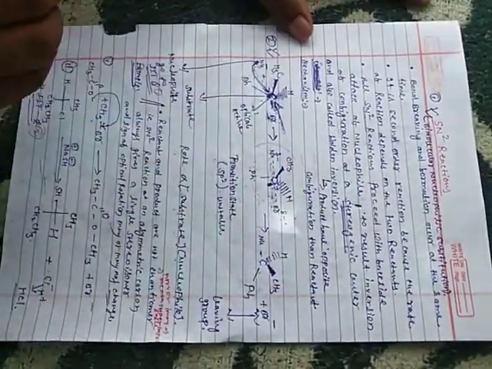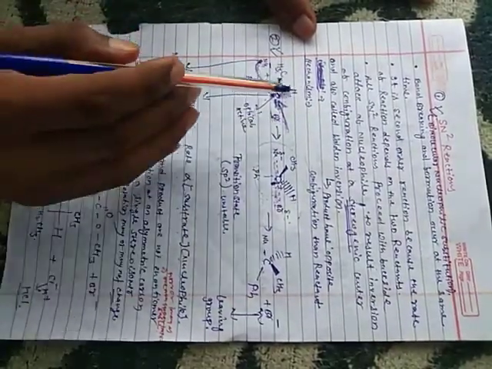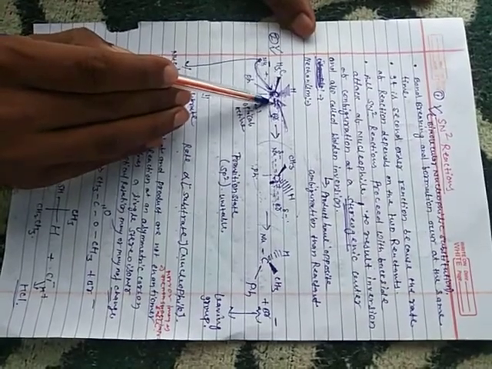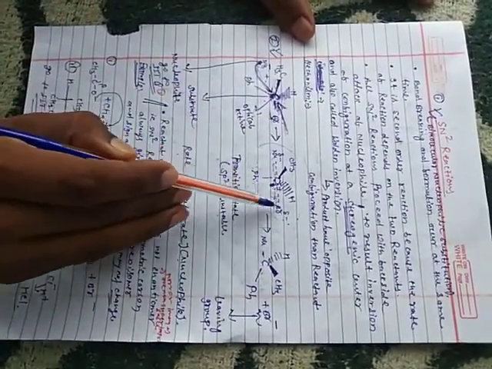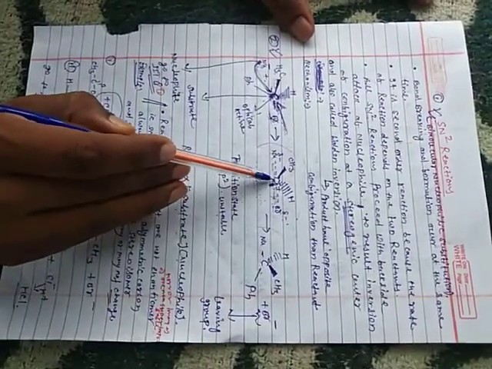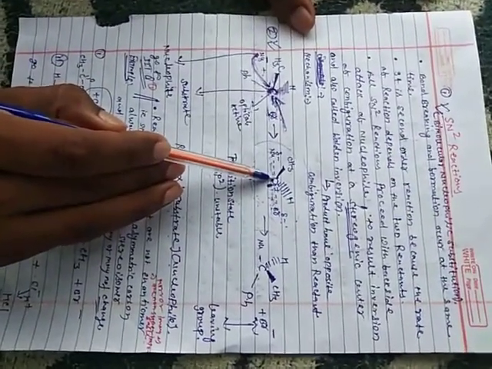Another point is that when bromine departs from this carbon, it becomes more electronegative, so it acquires a partial negative charge, see in this figure, and a partial positive charge is left on the carbon where the nucleophile will attack.